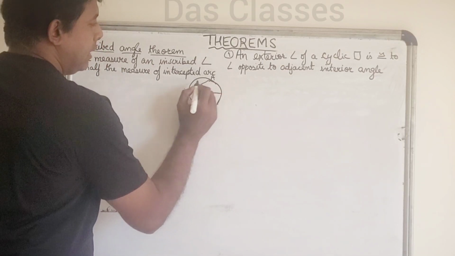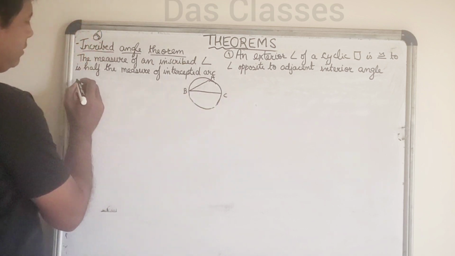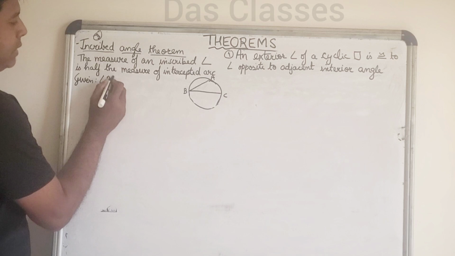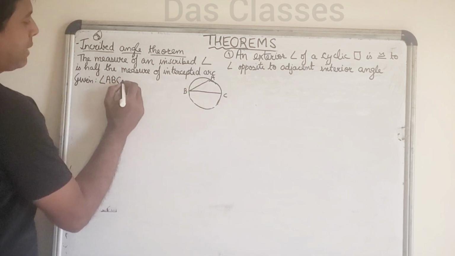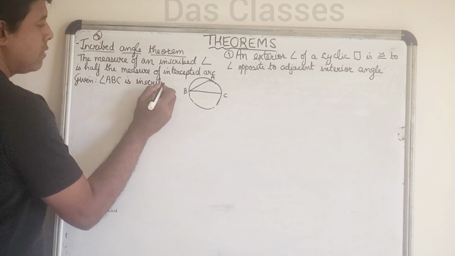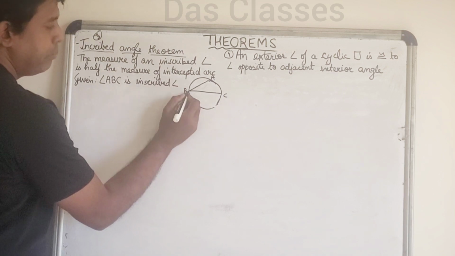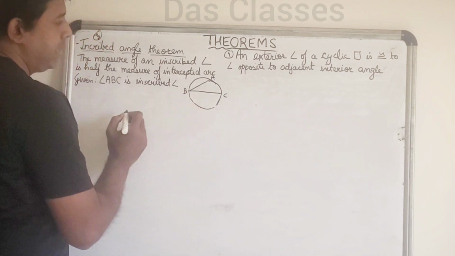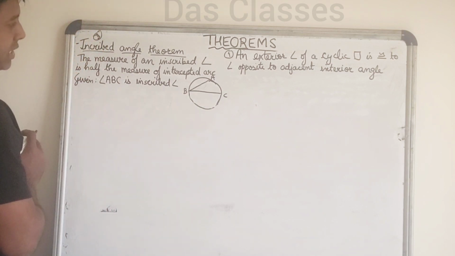So given angle ABC is the inscribed angle, because the circle is lying in the circle and the vertex is on the circle, so it's an inscribed angle.